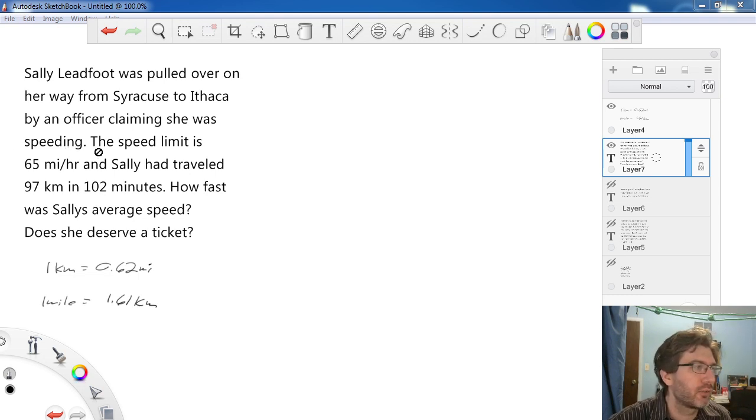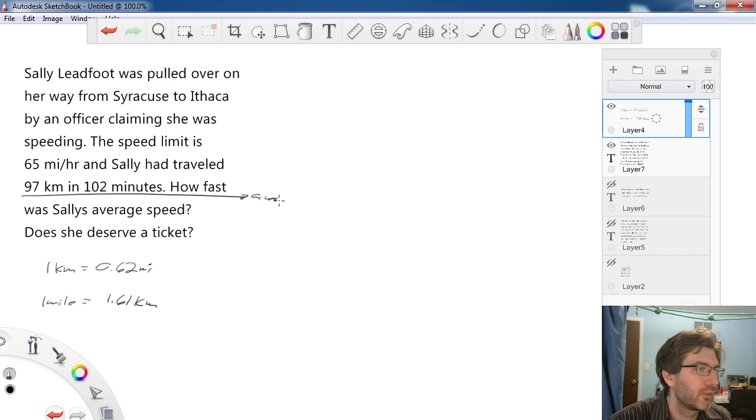So pulling this out to work on this one right here, this here is your given. We are going to pull that out right away and write it as a fraction. This is going to be 97 kilometers for every 102 minutes.